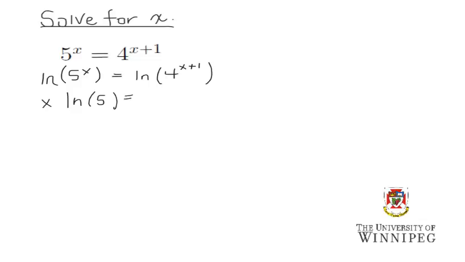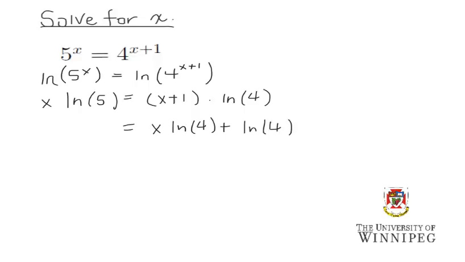On the right-hand side, with ln of 4 to the power x plus 1, be careful here, we have to bring down the entire power x plus 1 and multiply this by ln of 4. I'm going to expand through the right-hand side so that we get x times ln of 4 plus ln of 4. Now what we need to do is collect our like terms that contain an x.